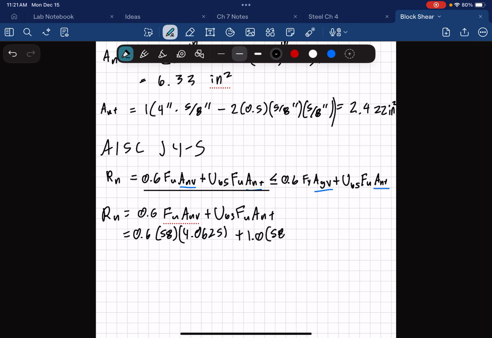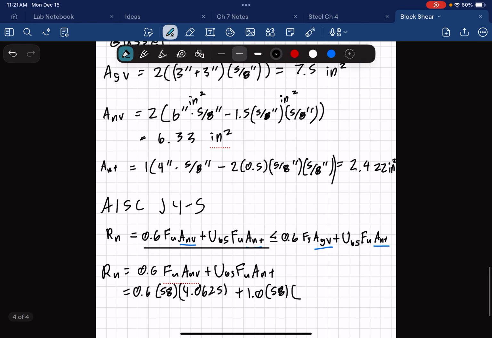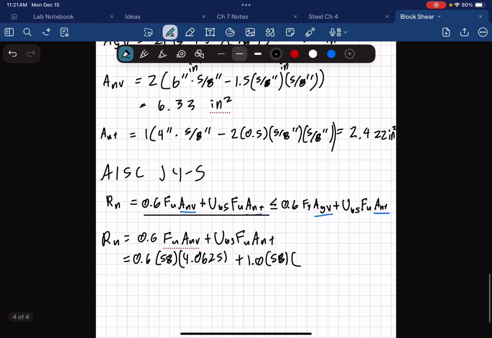FU is 58 again, and T is 1.6875. So plug this into our calculator, and we will get 4.65 plus 1.0 times 58 times 1.6875, 239.25, and this is in kips.